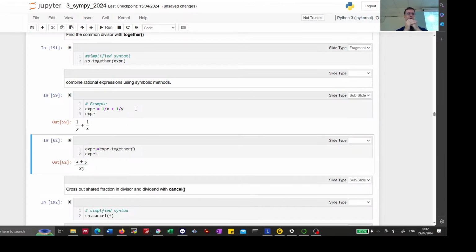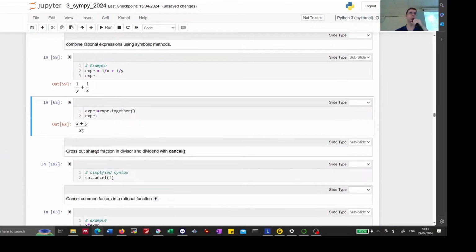So if you want to find the common divisor, what do you do? Well, the left term you multiply with the divisor from the right, and the right term you multiply with the divisor from the left. So what you will get is x times 1 divided by y plus y times 1 divided by x.